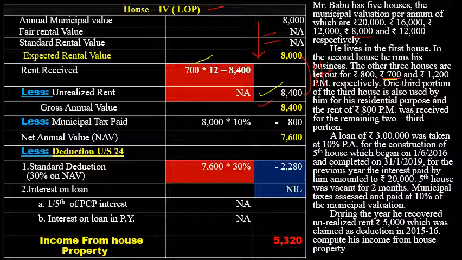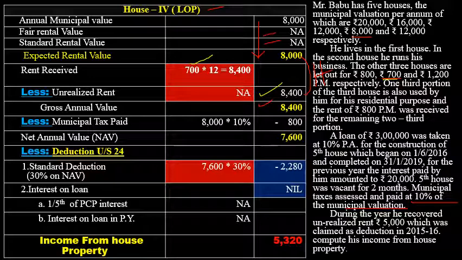Next is the municipal tax paid. Municipal tax paid for the fourth house is 10% of its municipal value. So 8,000 is the municipal value into 10%, 800. In the problem it is specified that municipal taxes are assessed and paid at 10% of municipal valuation.